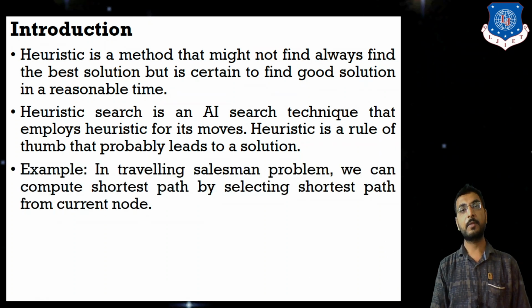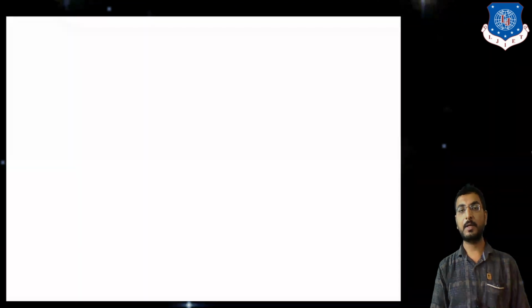So see, for example, let's say if we execute a traveling salesman problem. So in traveling salesman problem, we can compute shortest path by selecting shortest path from one current node. For example, let's say we are having the scenario like, one node A is there.